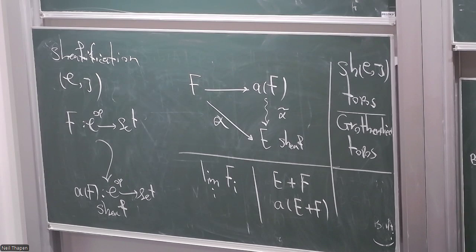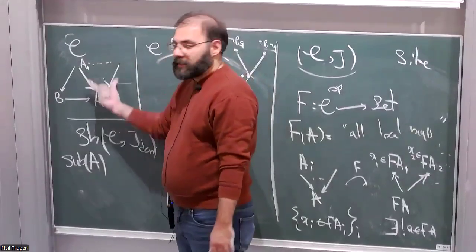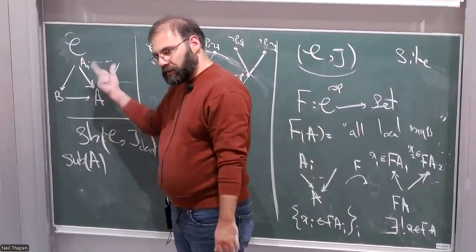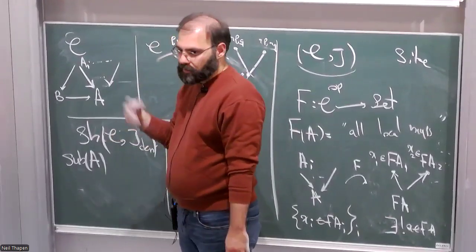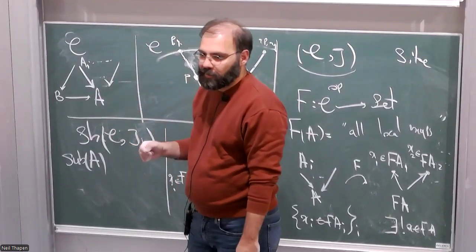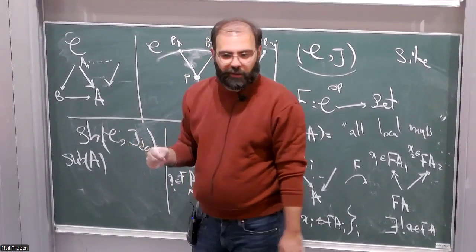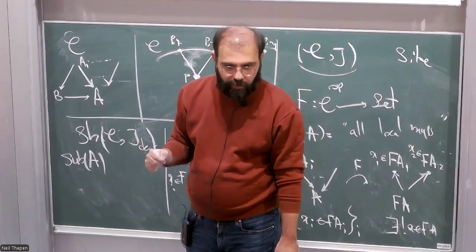So we have a coverage, which is this J, and any J says that for any A, what are the covering families. So the maps are the covering families. But sometimes I may say cover for coverage because I'm lazy.